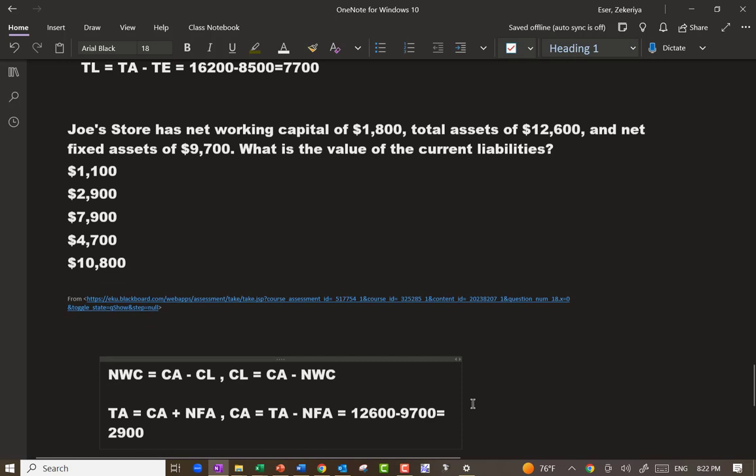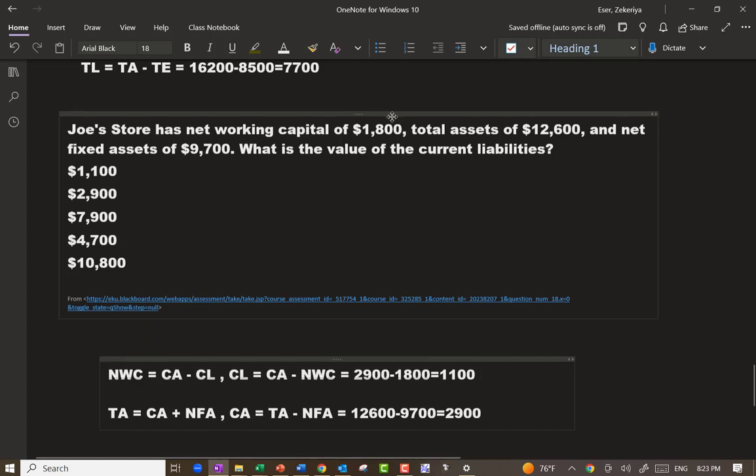So that's 2,900. Going back up, 2,900 minus net working capital of 1,800. Then go with what you know. How can you get to the thing you don't know? Which means write down the definitions of stuff you know. The rest is like a puzzle. That's it.